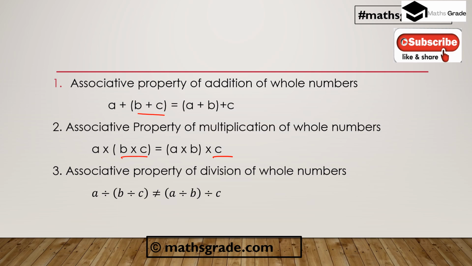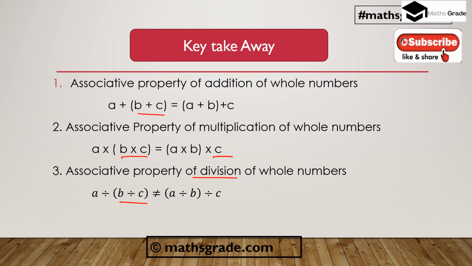Now the associative property of division of whole numbers. If three numbers A, B and C are given, first we divide B and C, then we divide A by the result. Then first we divide A and B, then divide the result by C, which is not equal.